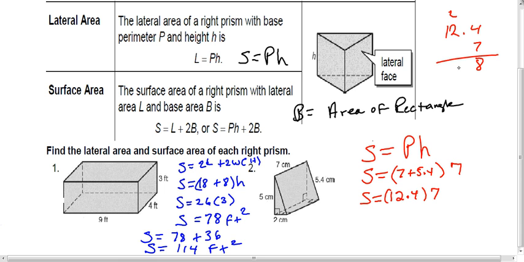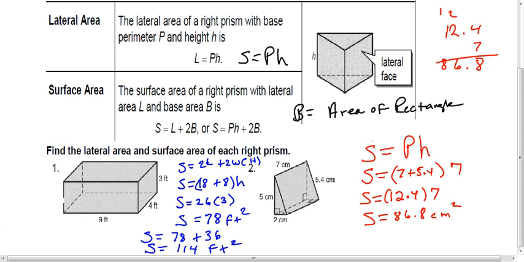And 7 times 2 is 14. And 7 times 1 is 7. And we're going to point off one place. So we get a lateral surface area of 86.8 centimeters square.